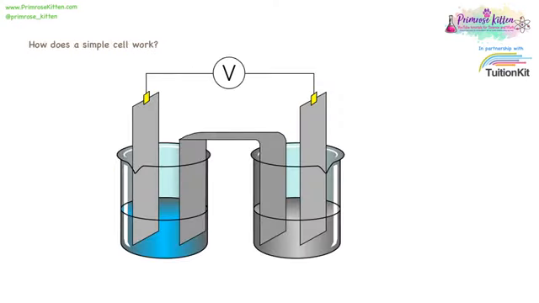How does a simple cell work? So we have solutions of metal ions, so something like zinc sulfate, copper sulfate solutions. And then we have the corresponding metal.